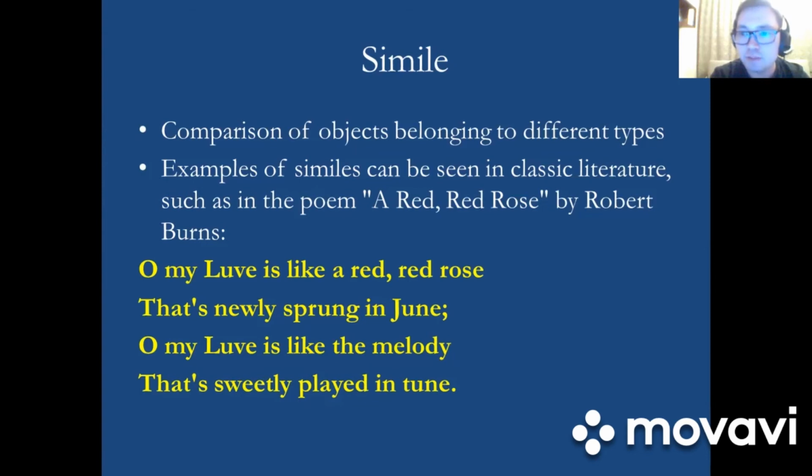Love and rose belong to different categories. Love is a feeling, an abstract notion, and rose is a real object, a plant. So why do authors use simile? Simile is needed to emphasize some qualities of objects or notions.